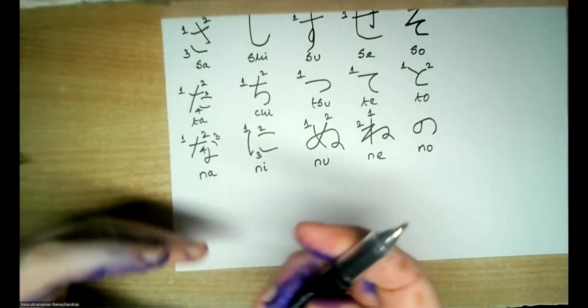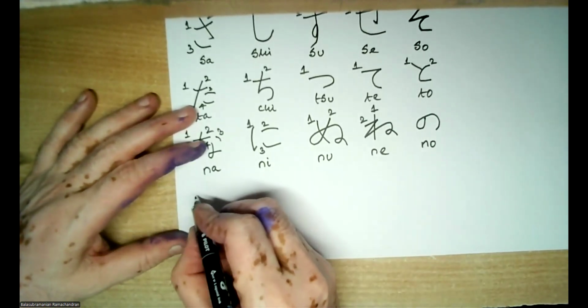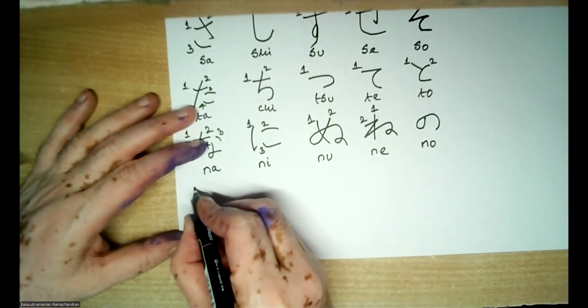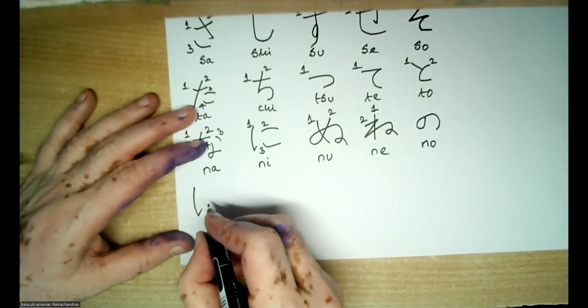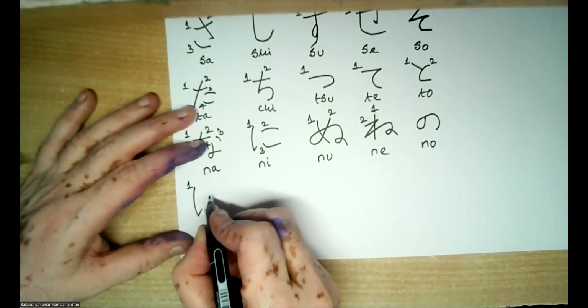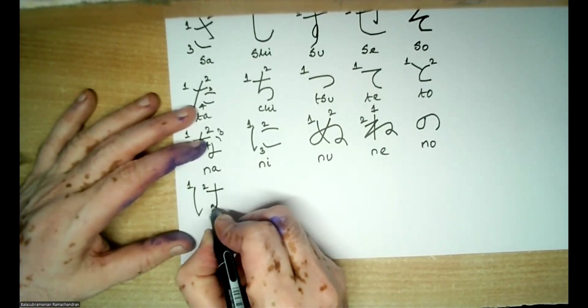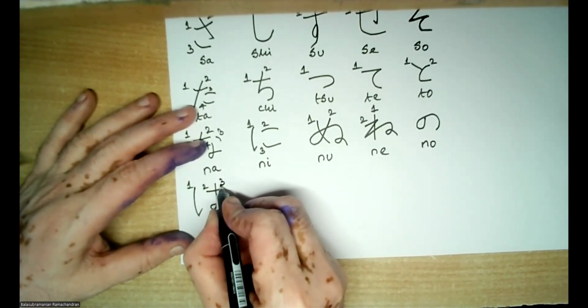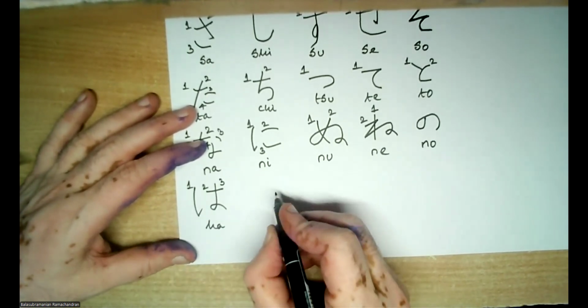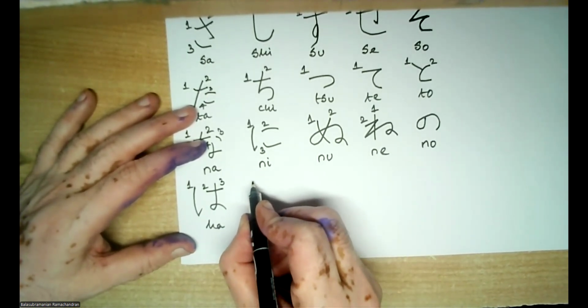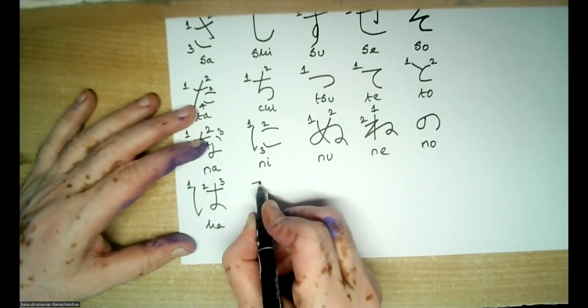Okay. So ha, stroke one, and then stroke two, and stroke three. That is ha. Then we have he. It is written as a single stroke.